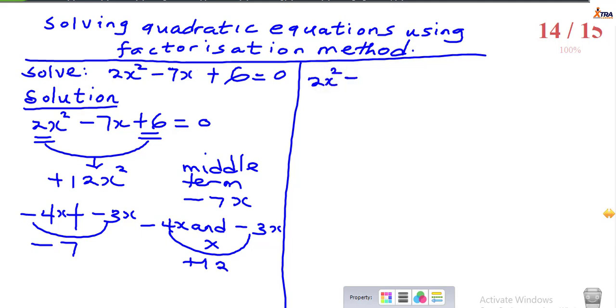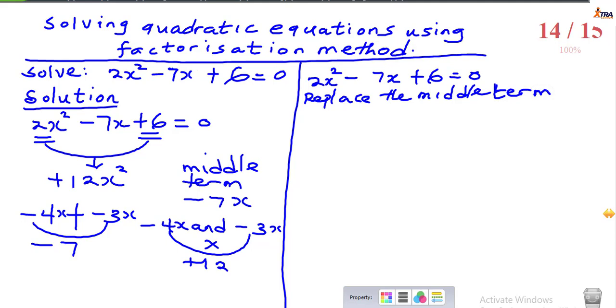The equation says 2x squared minus 7x plus 6 equals 0. I told you in the last class to replace the middle term by minus 4x and minus 3x.